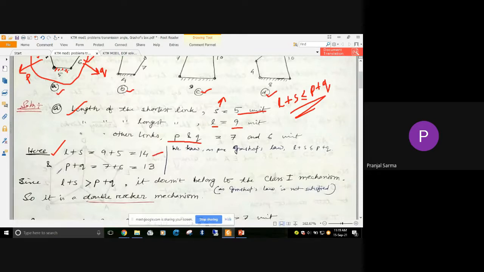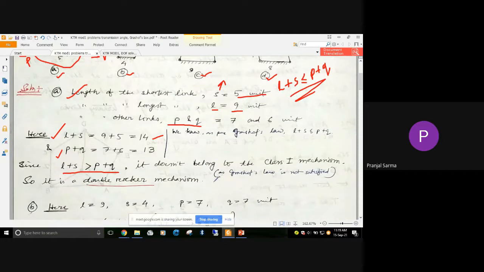And P plus Q, the sum of the lengths of the other two links, comes out to be 13. So L plus S is not less than or equal to P plus Q, but greater. It is not satisfying the Grashof equation. That means it doesn't belong to class 1 mechanism. Automatically it will be a double rocker mechanism. So this is ultimately class 2, not class 1, and because of that it's a rocker mechanism.